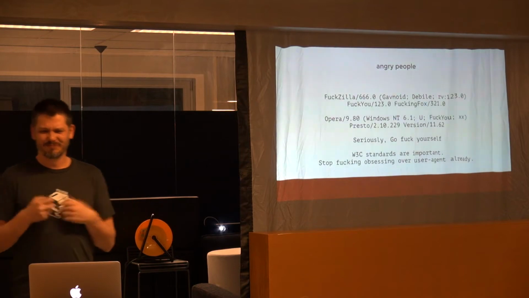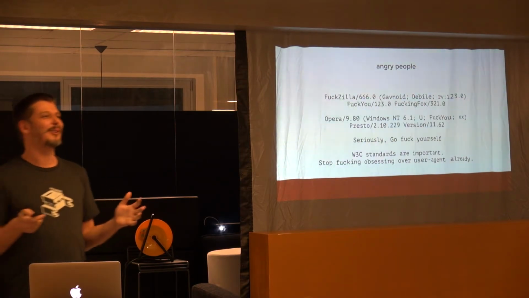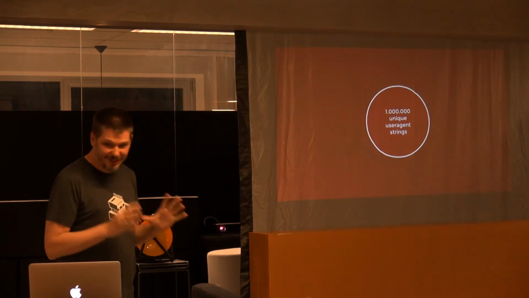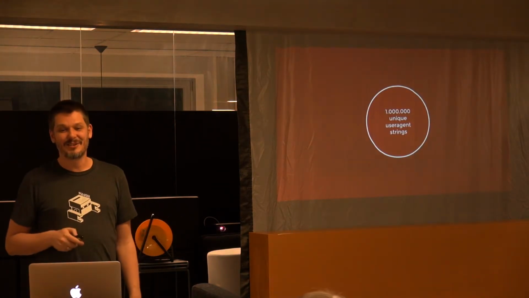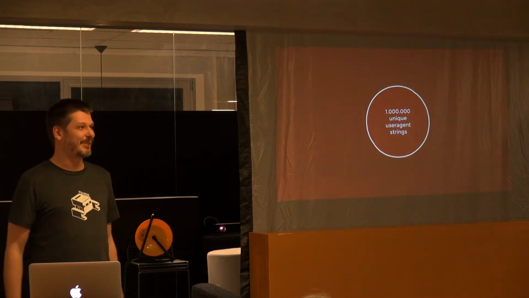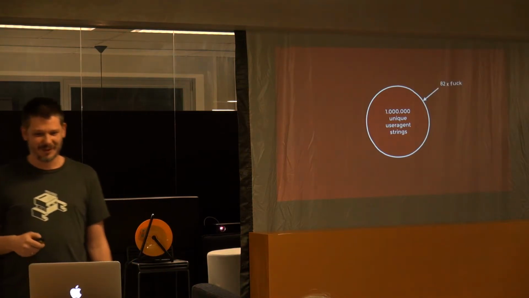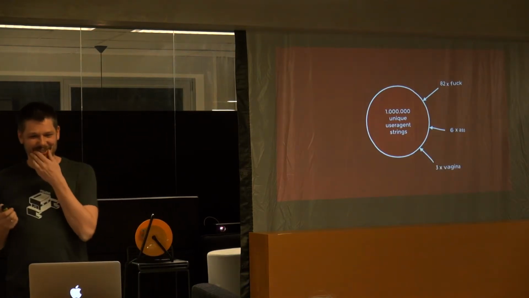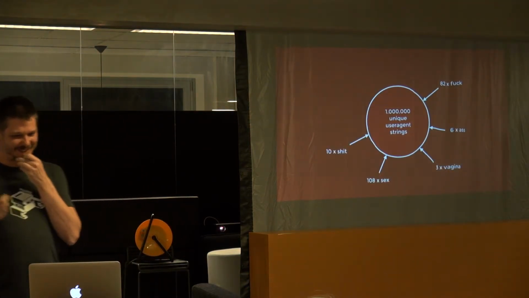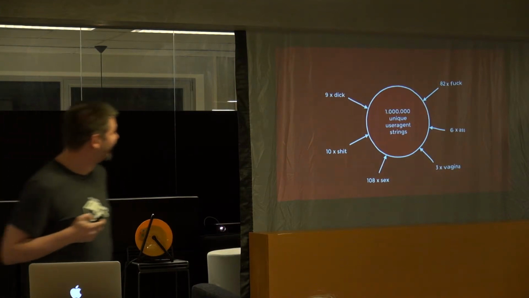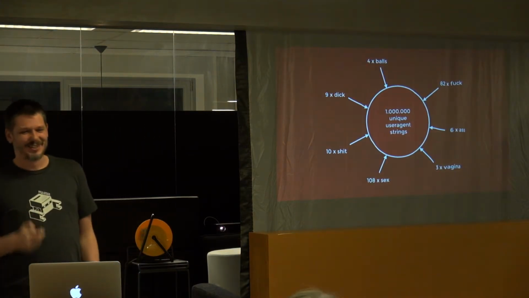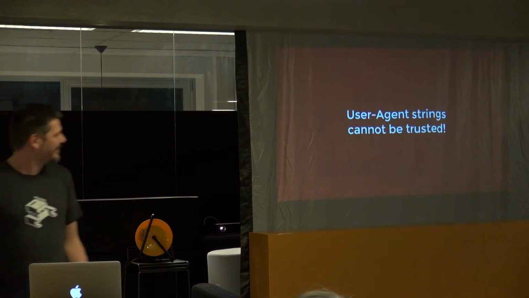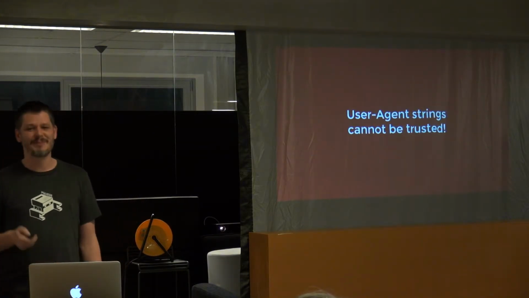And I did a quick test with over a million unique user agent strings, and I counted how many times certain words appeared. Like the f-word, or yes, or vagina, or balls. 4 times.